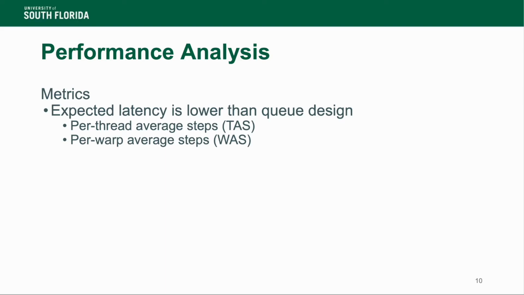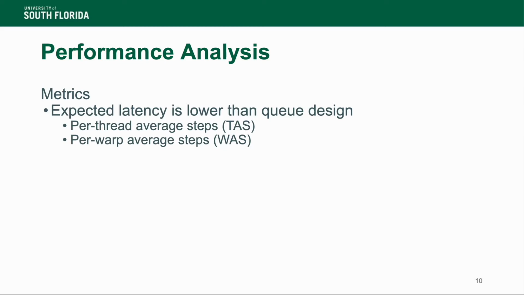First, let's look at the metrics that we use for performance analysis. In general, latency is an appropriate metric for evaluating performance. However, the actual running time is affected by many factors. So instead, we propose the following two metrics.